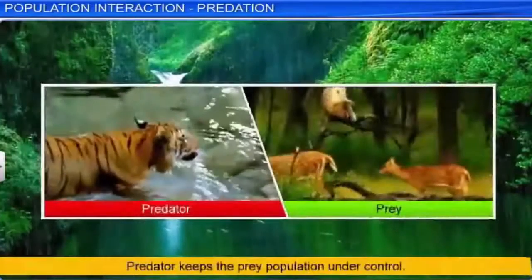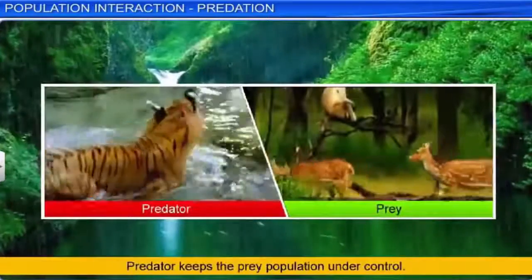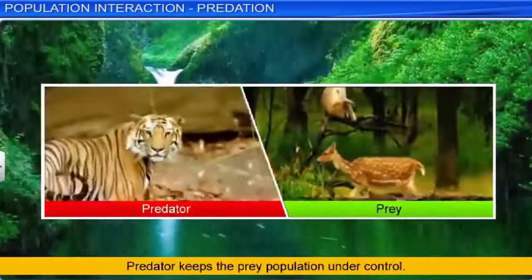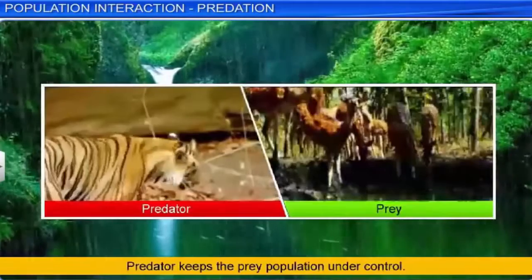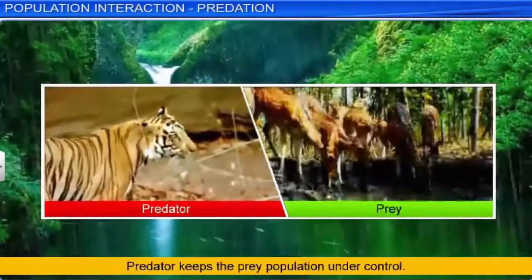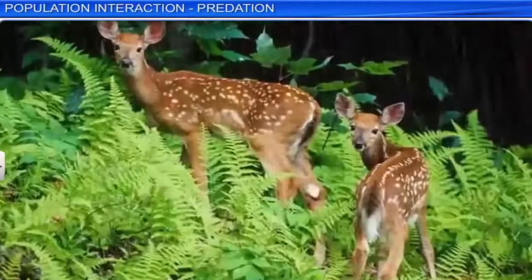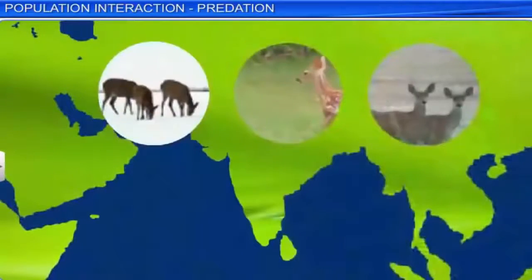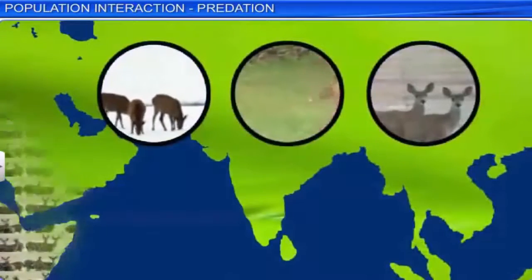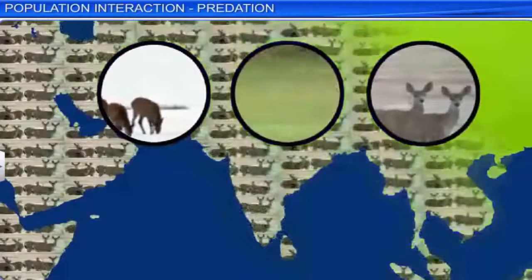Apart from functioning as conduits for energy transfer, predators also help to keep prey populations under control. In some cases, the prey species grows so large that it may cause instability in the ecosystem.